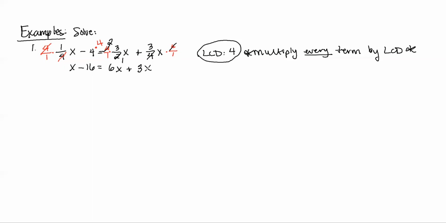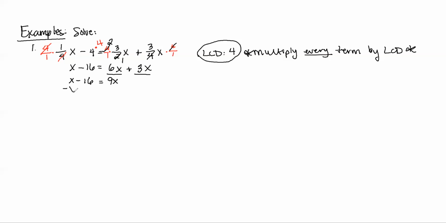So that's usually the toughest part of these examples here, but once you have that done, we have a nice equation with whole numbers. So let's go ahead and try to simplify first. Left side we can't simplify. Right side we can combine our x's here. So we have x minus 16 equals 9x. Now we only have one constant term, so I'm going to leave the constant on the left and move the variables over to the right.